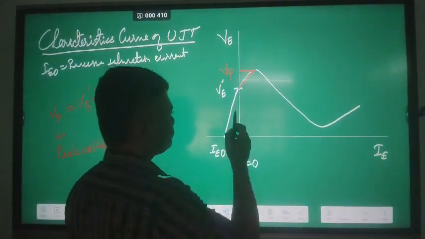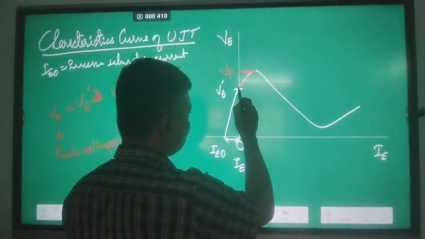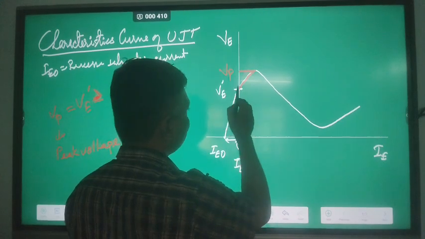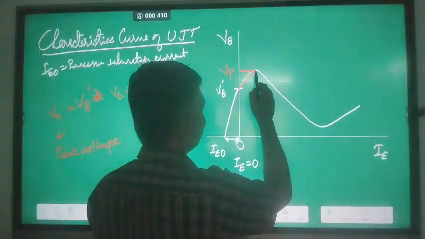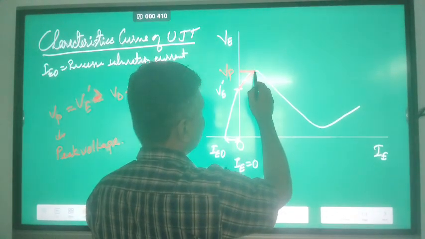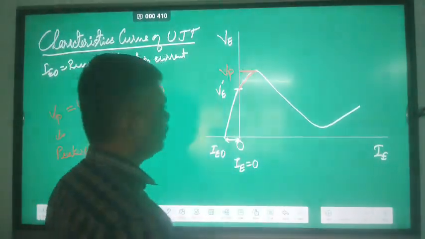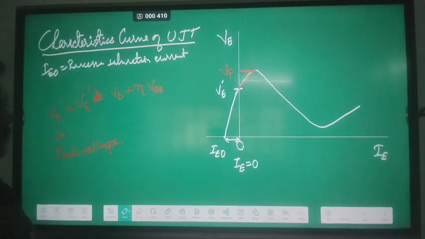Actually, you can say that the diode will start conducting after the voltage VE dash, and if you increase it further up to VP, then the diode will conduct fully.